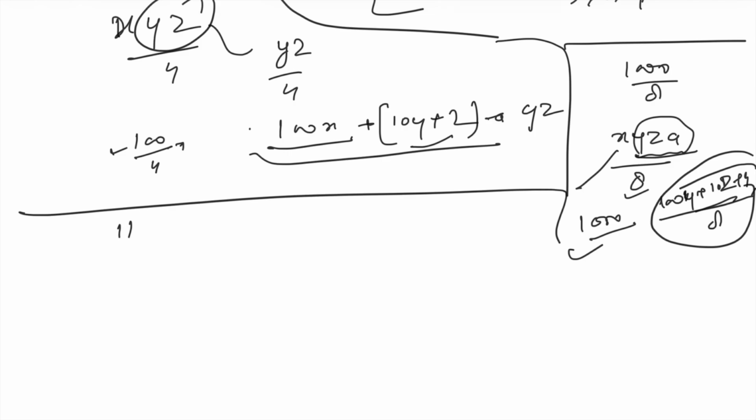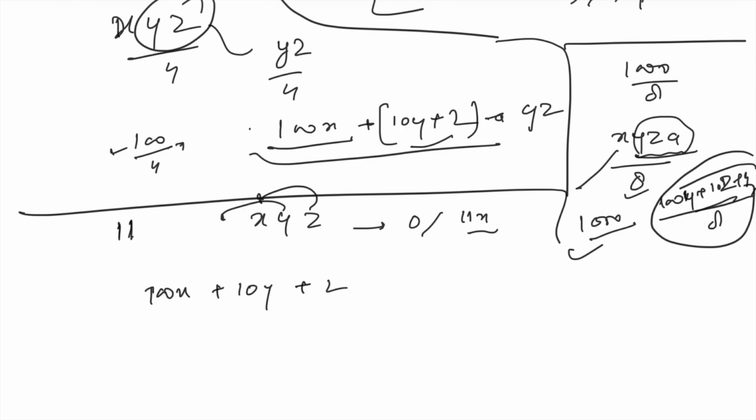Let's say for 11, the rule is that we take the sum of odd-place digits and the sum of even-place digits and find the difference. If the result comes 0 or is divisible by 11, the whole number is divisible by 11. Why? If we write this in a manner, let's say this is 100x plus 10y plus z.